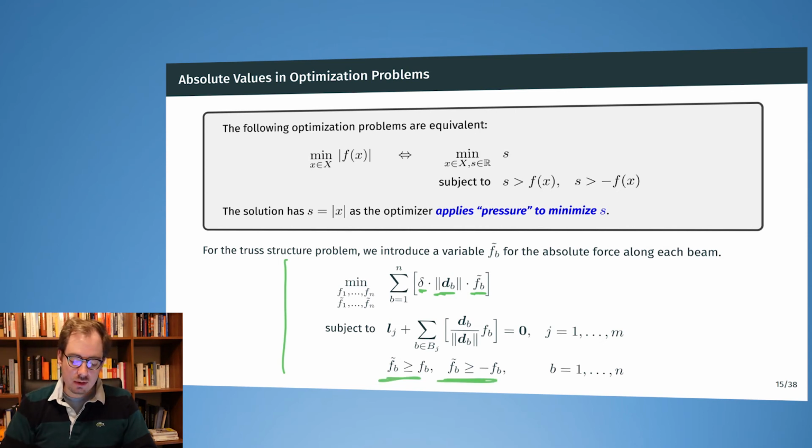And we see also that there is pressure exerted on the absolute values, so we know that here this upper relation is actually holding. And the side constraint is the equilibrium condition for every joint. So we have optimization variables in 2 times the number of beams, because we have added this f tilde b, and we have equality constraints 2 times the number of joints, because for every joint we look at the equilibrium in the x and in the y direction.